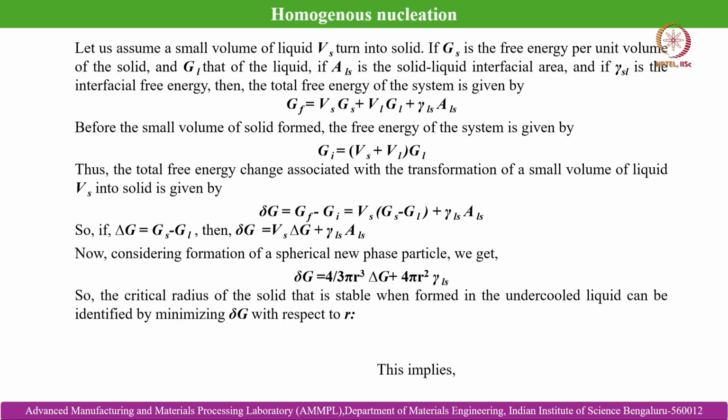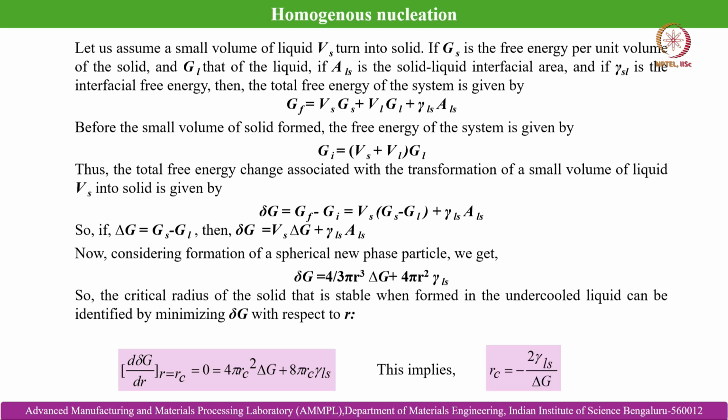So, now we will discuss the case of homogeneous nucleation. There are basically two types of nucleation, one is homogeneous, one is heterogeneous. In homogeneous nucleation, the tendency of nuclei formation throughout the domain is the same.